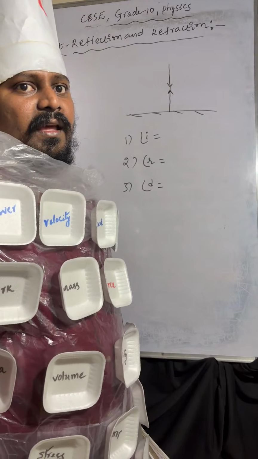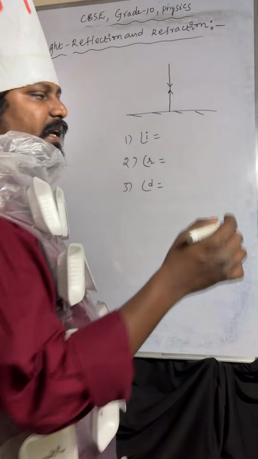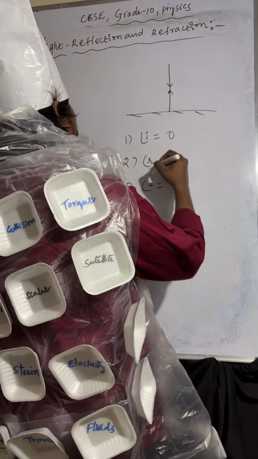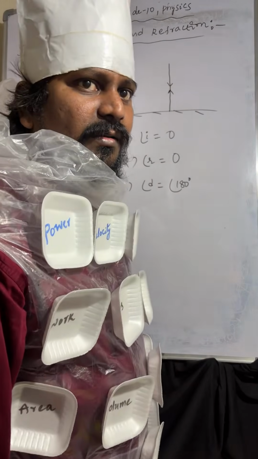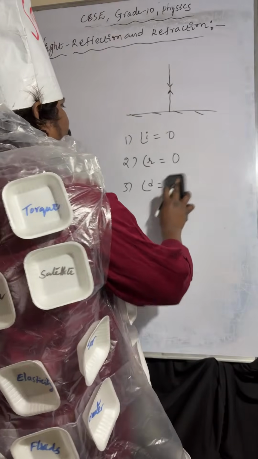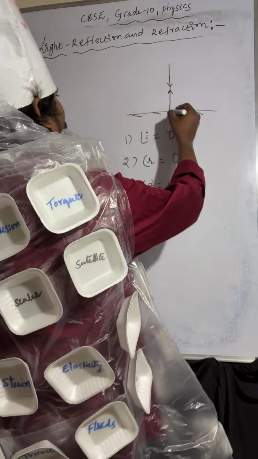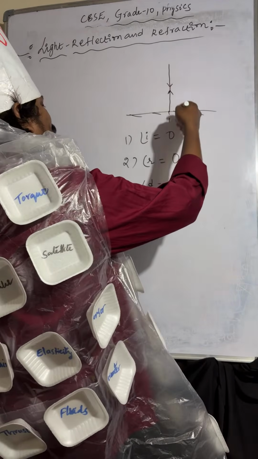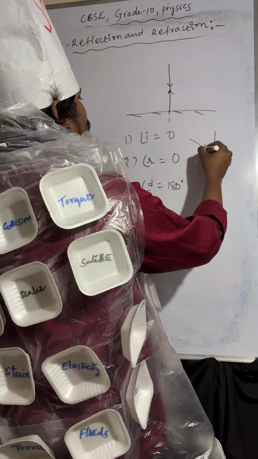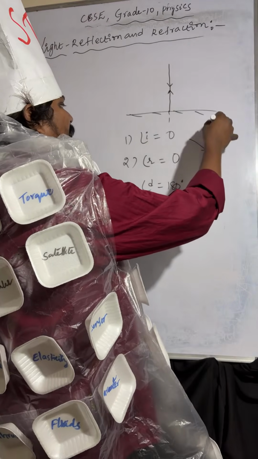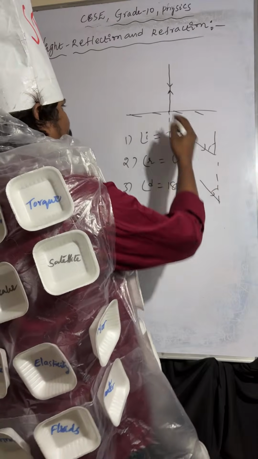The answer is, angle of incidence is 0. Angle of reflection is 0. Angle of deviation is 180 degrees. So why, sir? Because the light ray is passing along the normal line, so the angle between the incident ray and the normal line is 0.